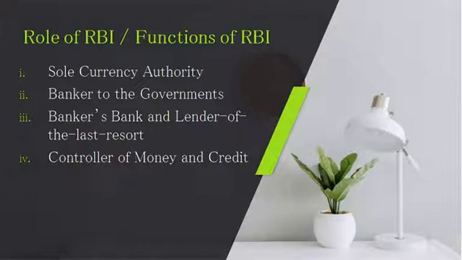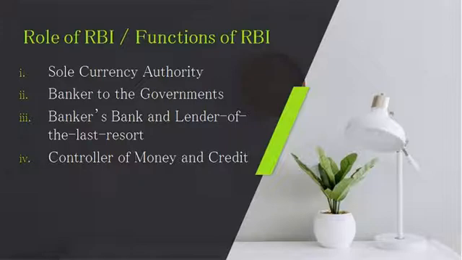When the state governments are in need of money, they go to RBI for borrowing money. If the central government also needs money, they borrow money from RBI. If the government is in need of money for the budget, or for infrastructure projects or any projects, they can borrow money from RBI.